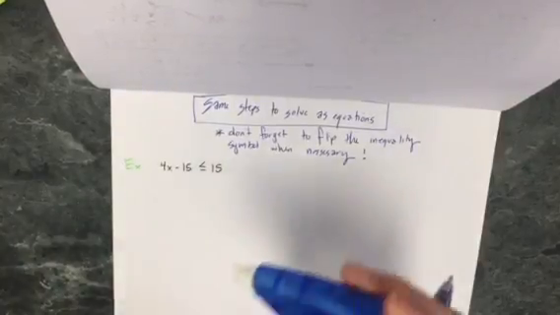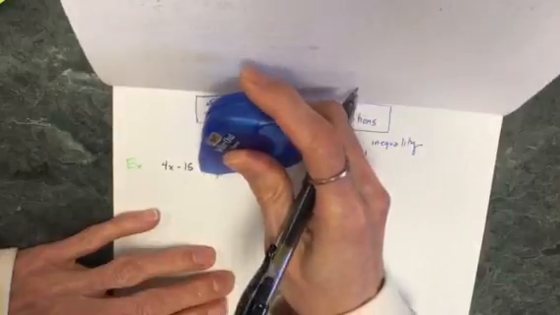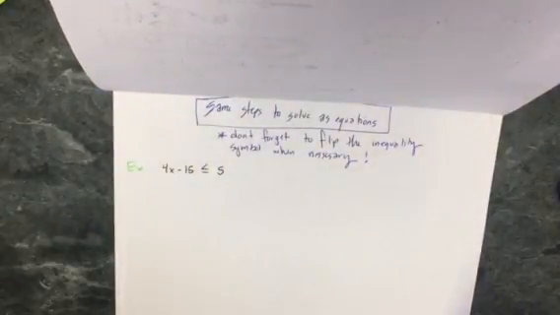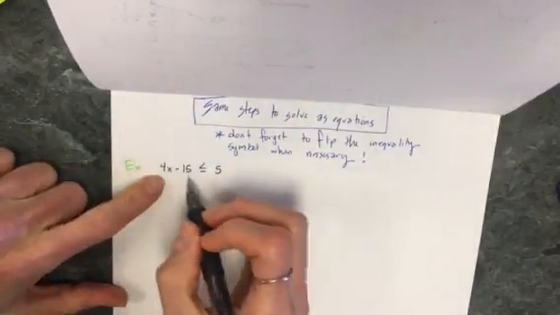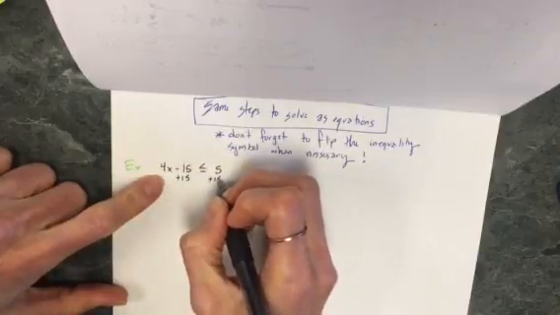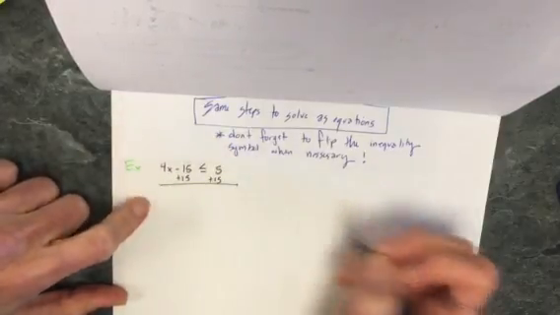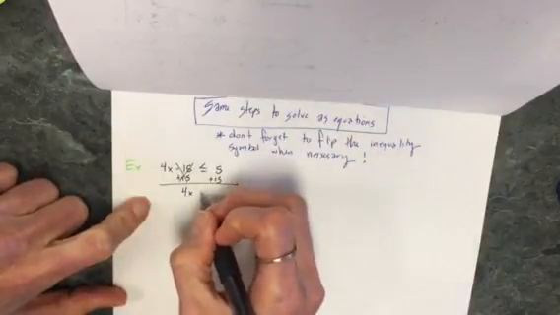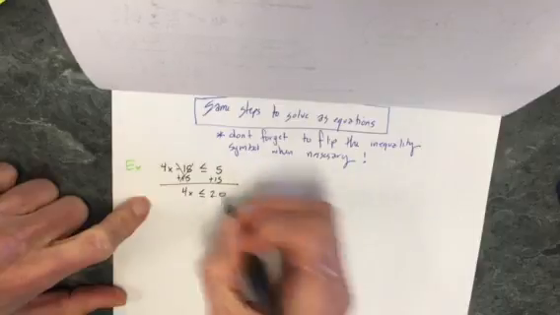Let me fix that. So just like an equation, the first step would be to add or subtract to get rid of the number. I can add 15 to both sides to get rid of the negative 15. So those cancel. And I'm left with 4x is less than 20.